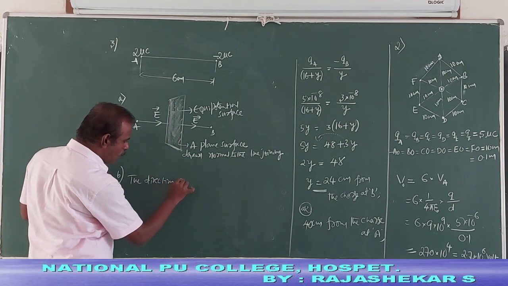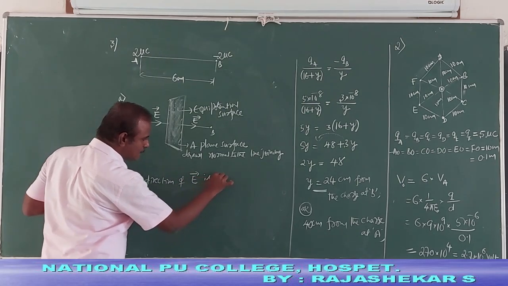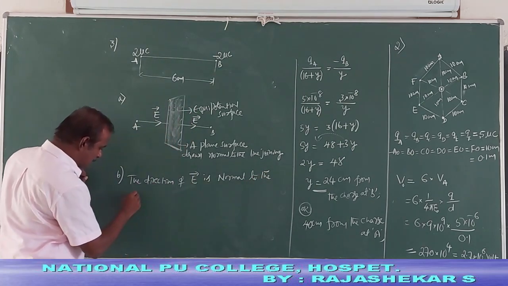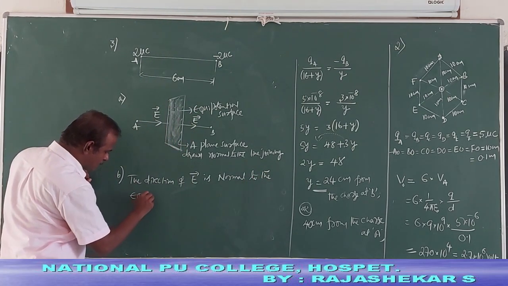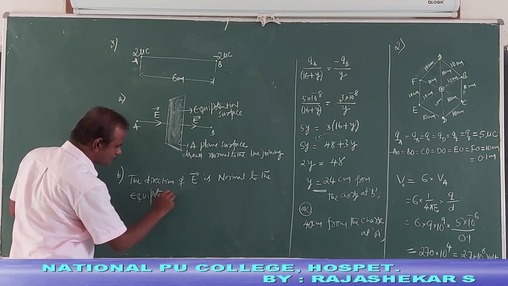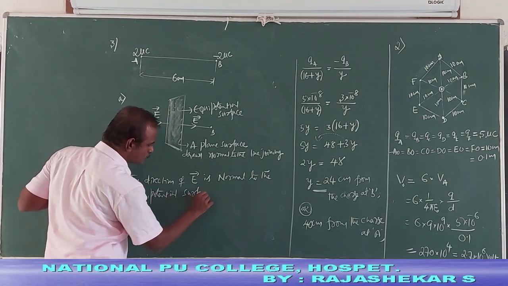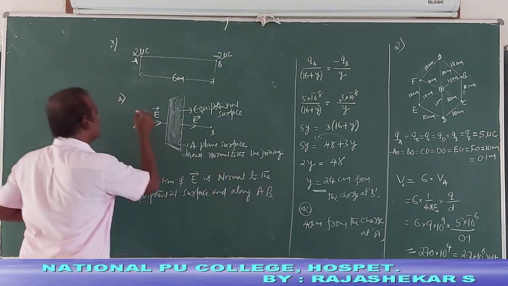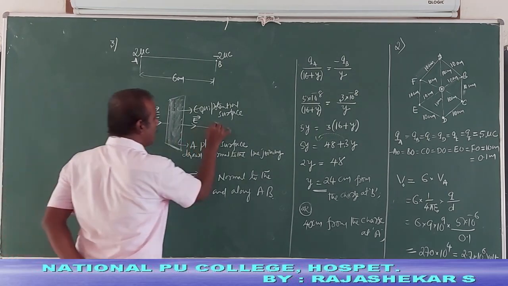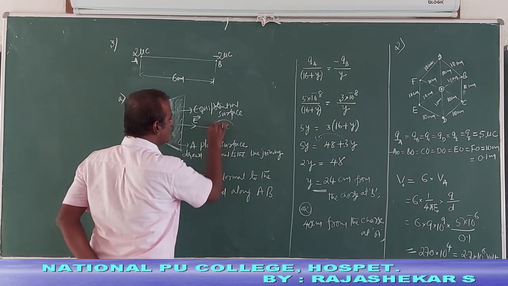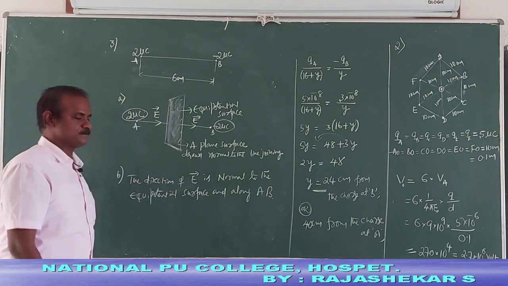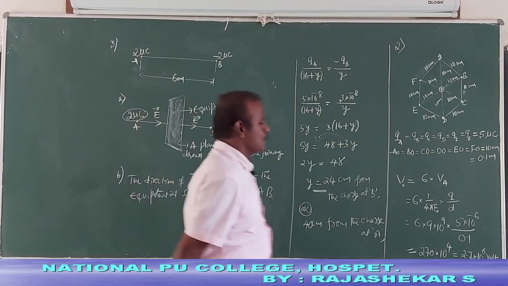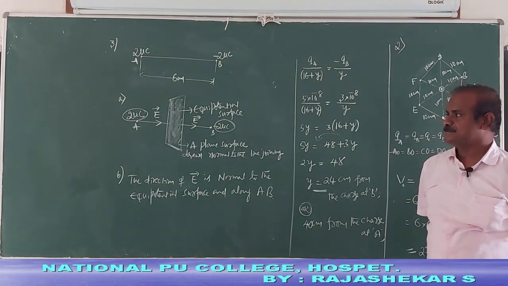The direction of E is normal to the equipotential surface and along AB, A to B, because at A 2 microcoulomb, at B minus 2 microcoulomb, like this. This is how the answer to question number 3.